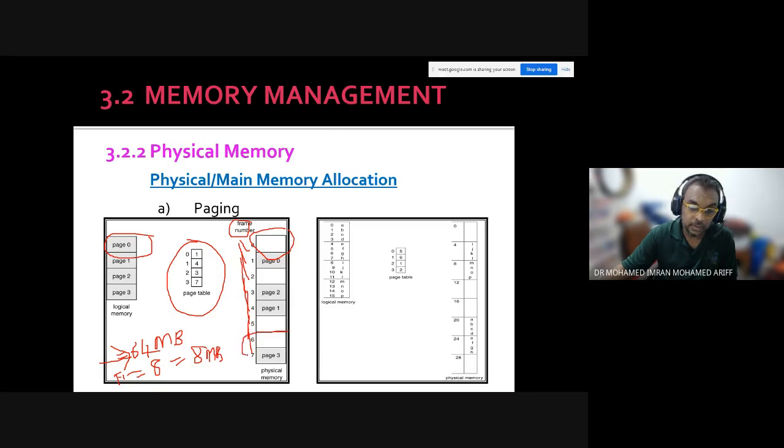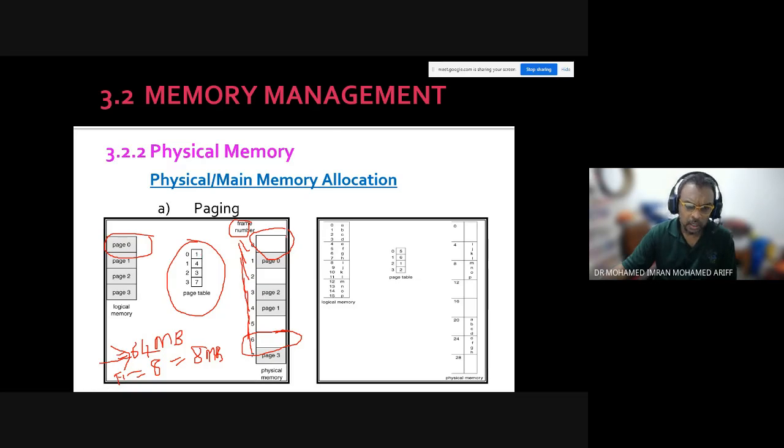Kenapa saya bagi 8? Sebab soalan kata ada 8 frame. Bukan 7, it's 8. But the numbering is done by 0 to 7. Tetapi kiraannya ialah 8. Alright. So total program kadang-kadang dia beri 64 and dia kata frame sama dengan 8, so 8 lah.